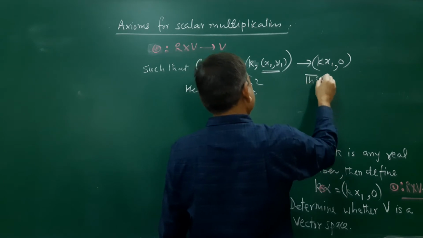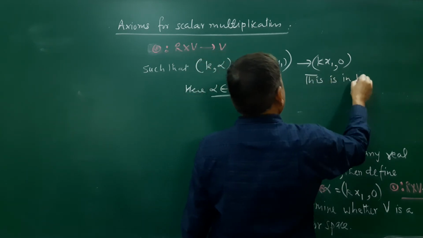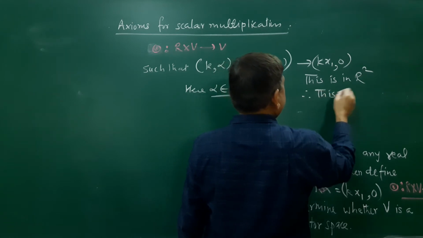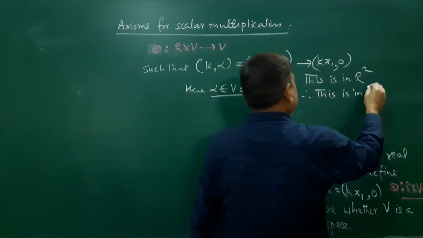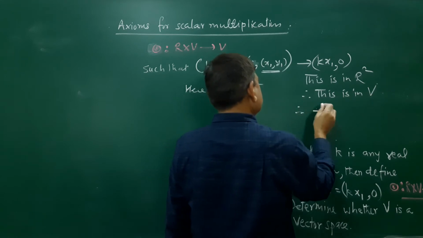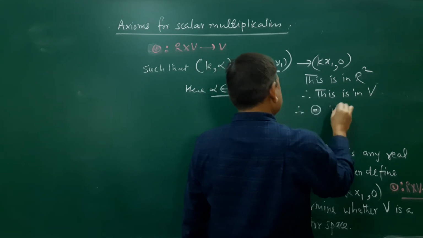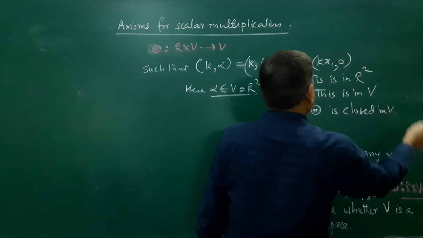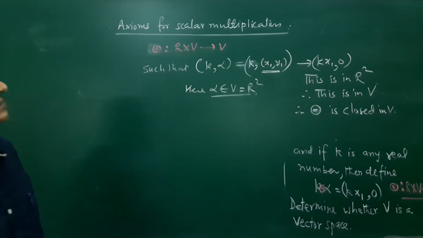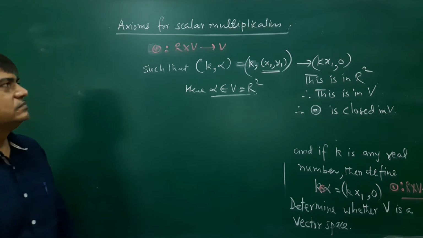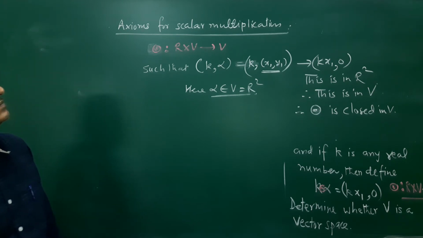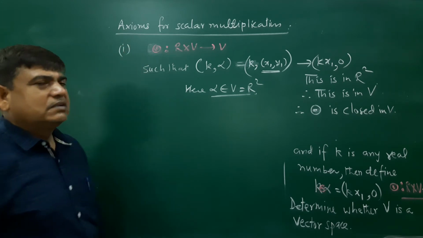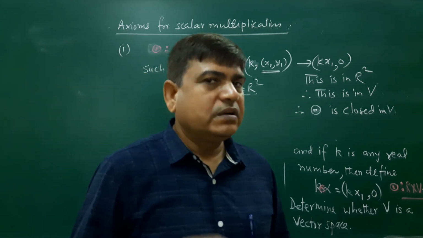This is in R square, therefore this is in V, therefore V is closed. Closure property holds.